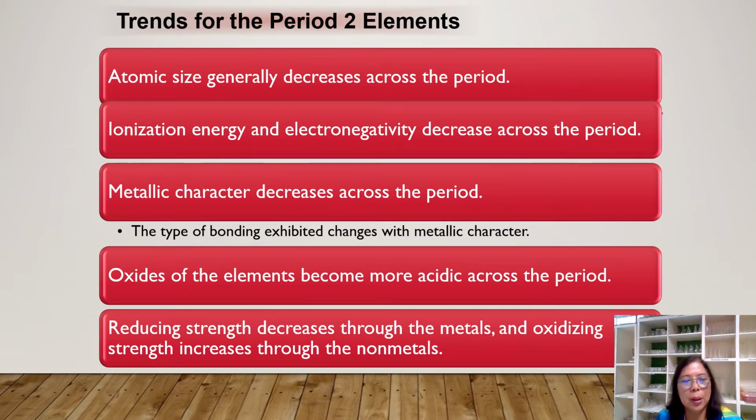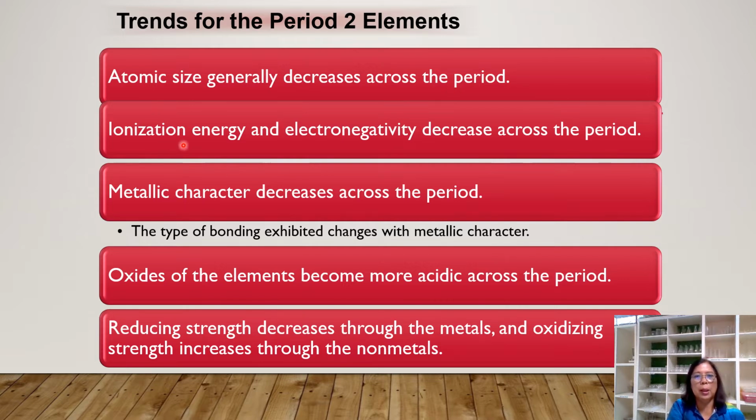What are the trends that we could observe from the elements found in period 2? The atomic size generally decreases across the period, same trend as that of group 1, or period 1, sorry.